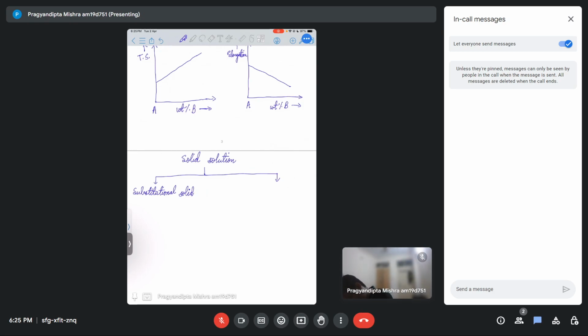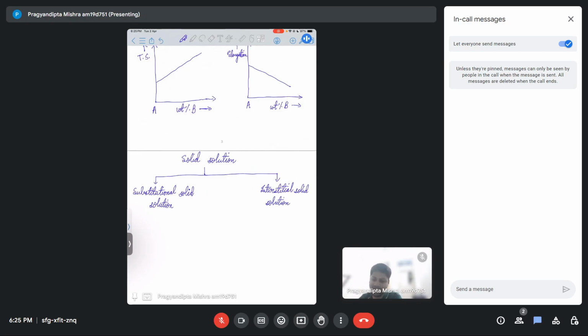Substitutional solid solution and interstitial solid solution. So, what are the essential differences?